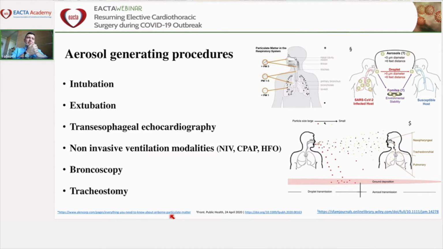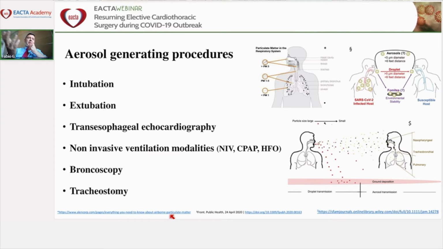So the aerosol generating procedures are, I would say, quite a long list. Most of them belong to the anesthesia practices like intubation, extubation, the transesophageal echocardiography, the non-invasive modalities of ventilation, but also bronchoscopy and tracheostomy in the intensive care are considered high-risk procedures, as they can really generate the aerosol.